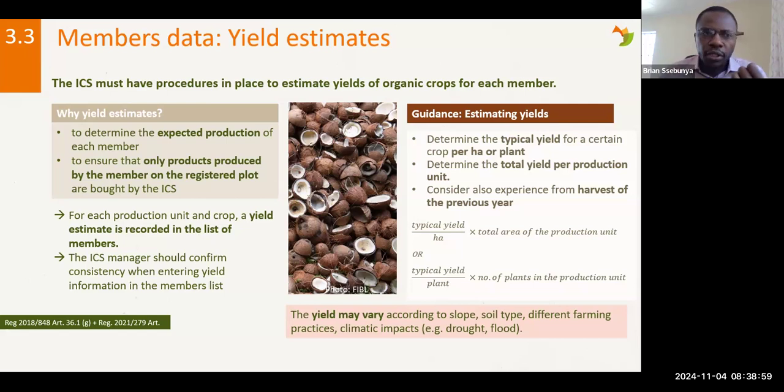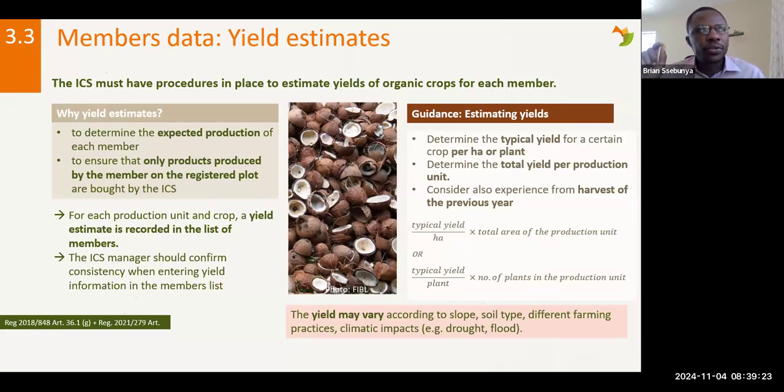So we are including all organic plots for the main crop, all plots where they are growing the food for home consumption, all rented land. We need to document it all when we are registering a new farm. That speaks to the part we are talking about. They don't all have to be organically managed.